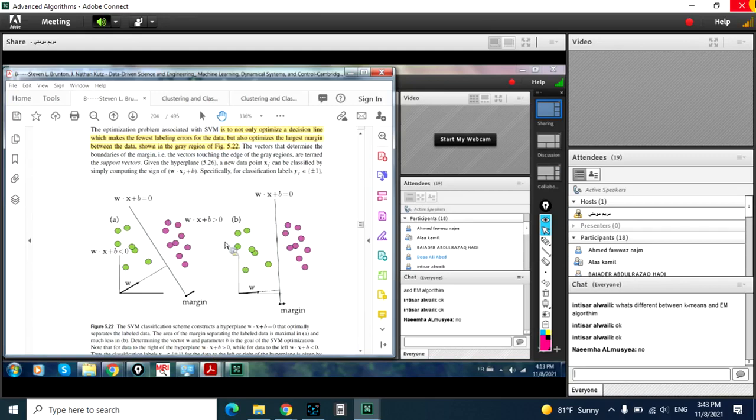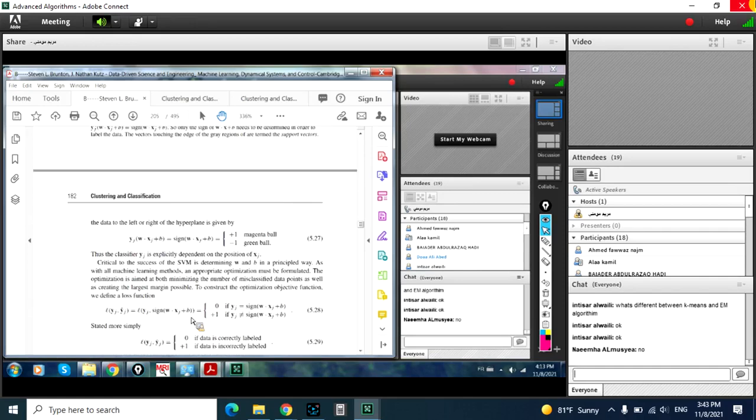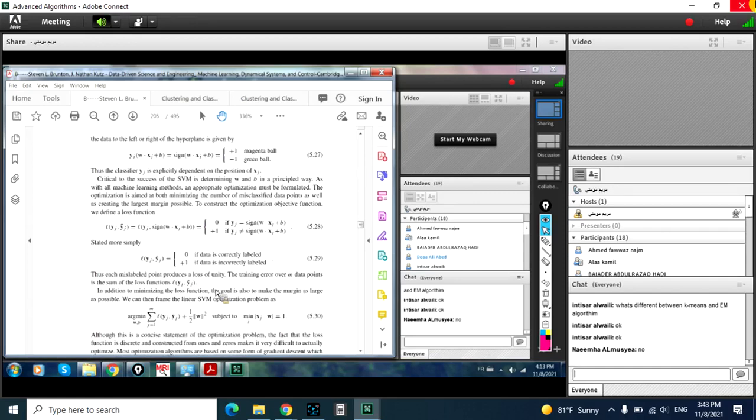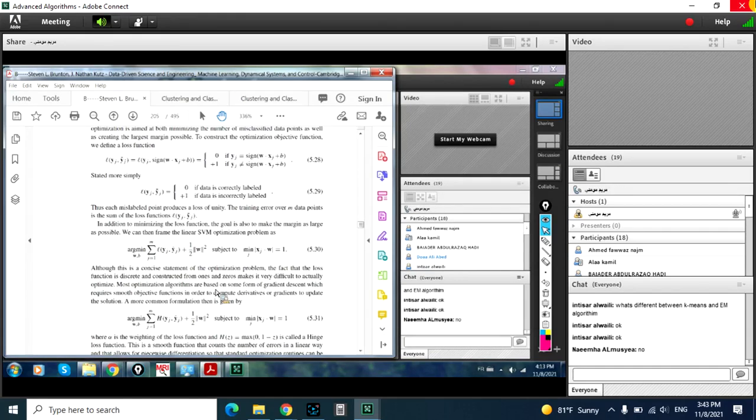According to the data, we can decide which line and margin are better.